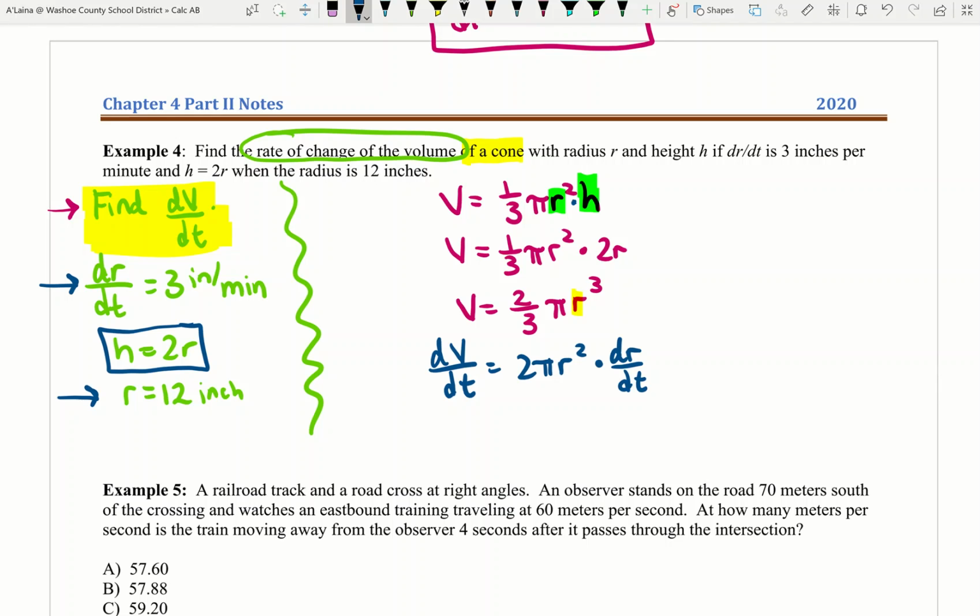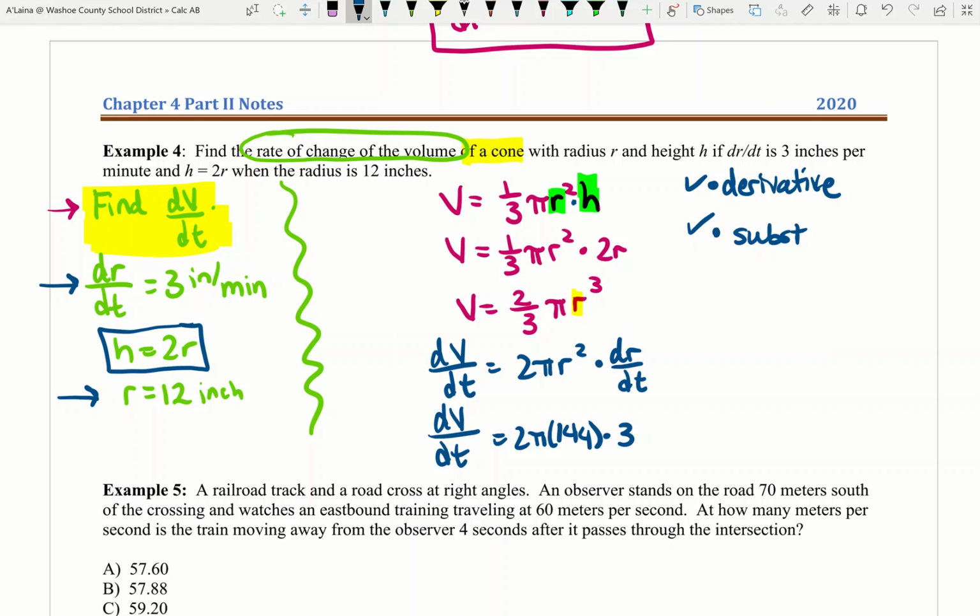Okay, back to it. Remember, we want to take the derivative of both sides implicitly with respect to t, and then we want to use substitution. So I am now going to replace the variables with the known quantities that I've been given: 12 squared times dr over dt, which is 3.